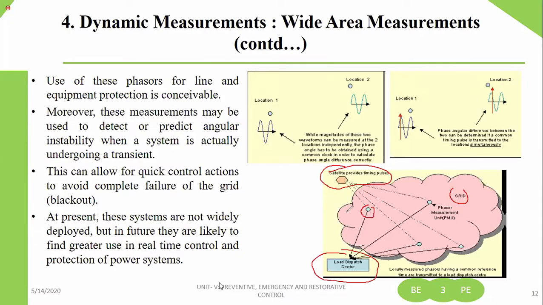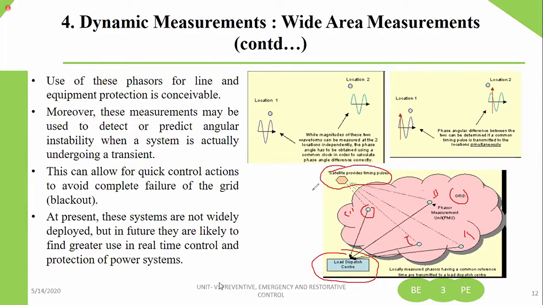Let's say Chukha is here, and Tala, Kurichu, and Dagachhu will be at different locations. At the load dispatch center, you will get all the data within 20 milliseconds, from Dagachhu, Tala, Kurichu, all of them.